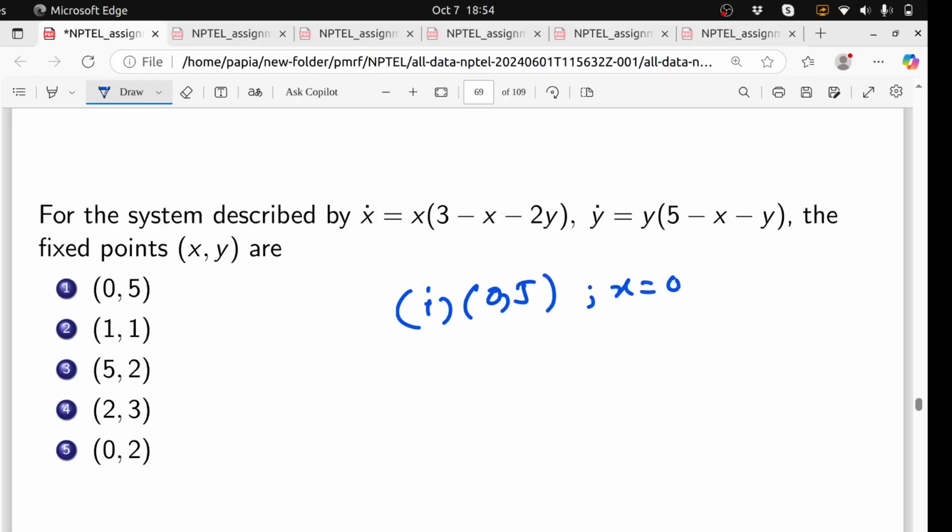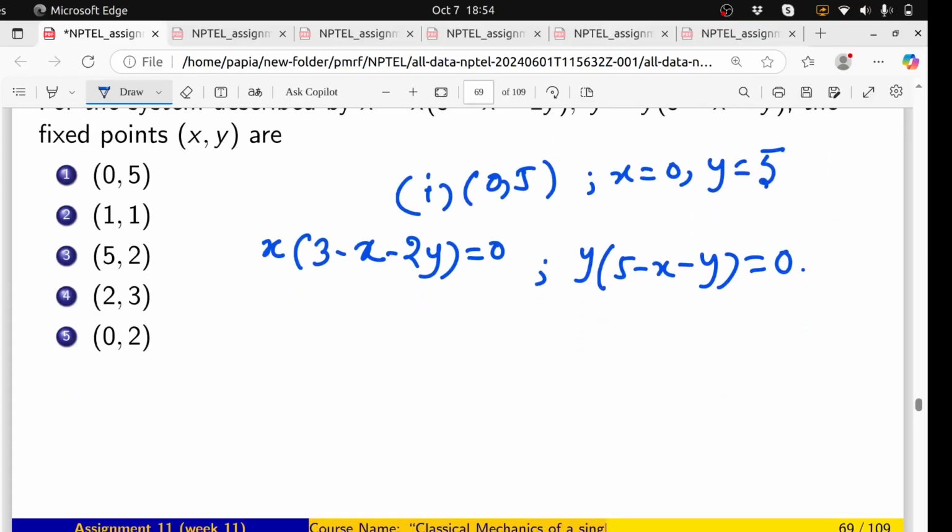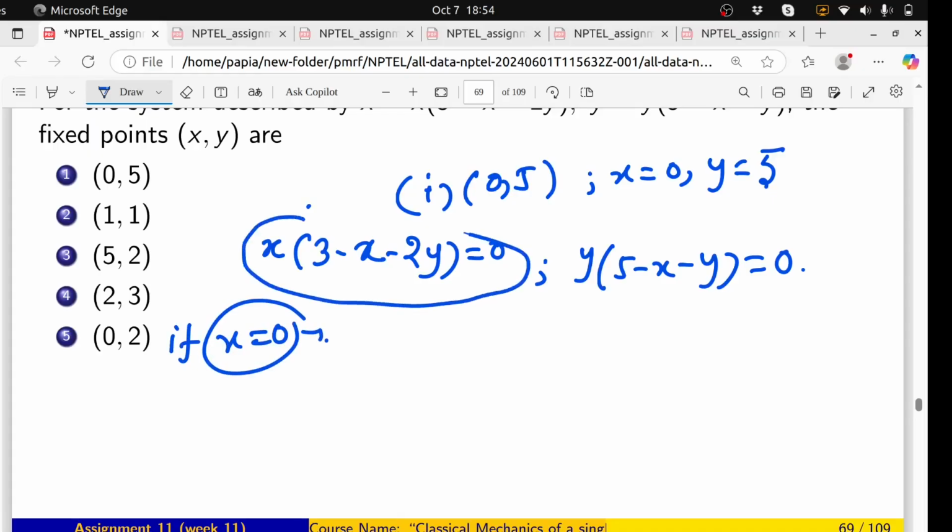That means x equals 0, y equals 5. Okay, so we are told that these equations should be satisfied. This equation should also be satisfied, right? So let's say if x equals 0, then the first equation is satisfied, no problem.